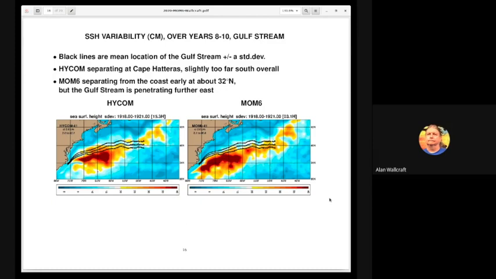On the other hand, MOM6 is separating from the coast much too early at about 32 north. On the other hand, the Gulf Stream itself seems to be penetrating further east. That is, we're seeing more variability in the east of this domain than with HYCOM, and that variability is somewhat realistic.